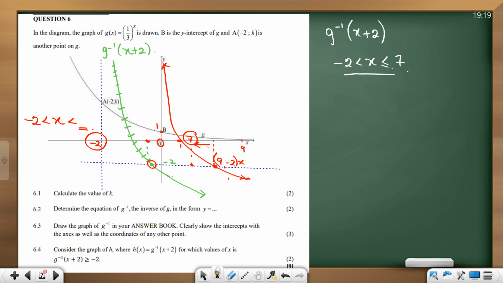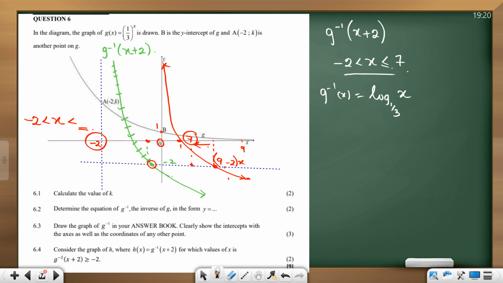I want us to try something quickly. Let's try algebra. I'm not advising you on this. What is our g prime of x? I'll just show you something quickly. All right, our g prime of x is log base 1 over 3 of x, right?